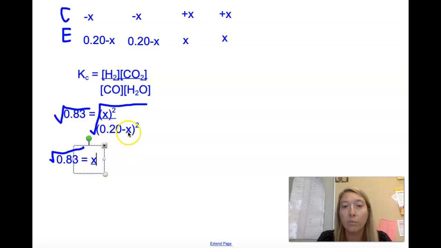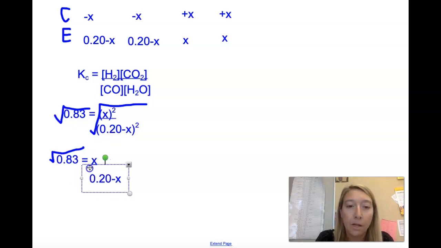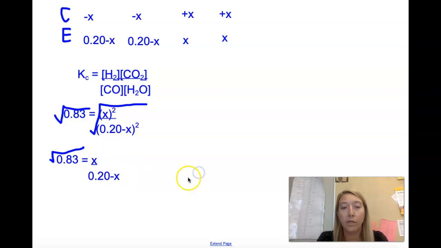And if I take the square root of 0.2 minus x squared, that's just going to be 0.20 minus x. So now I've made this a much simpler equation to solve because I just have some x's and I don't have any x squared. I'm going to have to multiply these two together, right? Eventually I have to be able to solve for x.